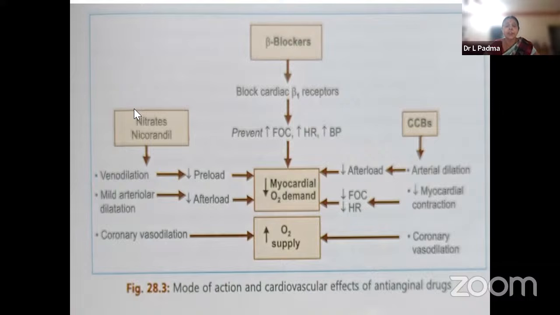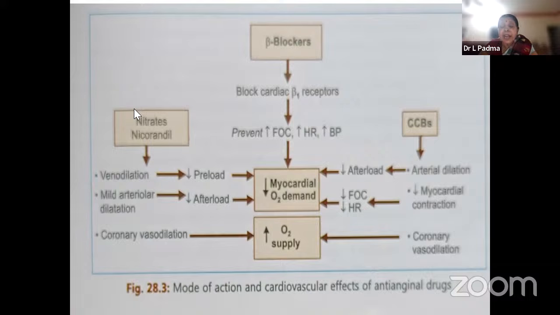Now, with these words, you find out that once they decrease preload or afterload, they are bound to cause tachycardia. So for that reason, don't use nitrates, nicorandil, and CCBs together. Okay, they are contraindicated. Alternatively, you can use beta blockers with nitrates and beta blockers with CCBs.